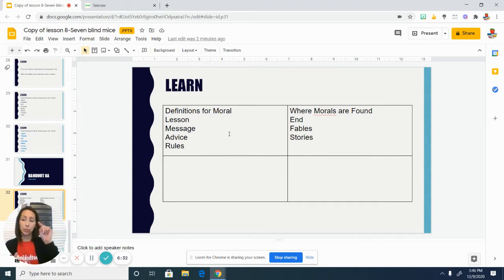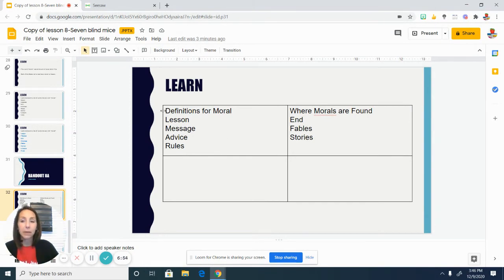Shirts, shoes, socks, pants, those are all types of clothing. We label that, we keep that in a category. Cereal, fruit, cookie, brownie, it was just National Brownie Day. Those are all examples of food. We like to keep that in a group. That's how our brain organizes and makes sense of things.